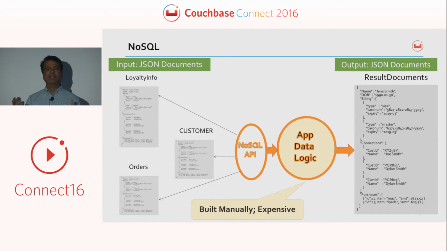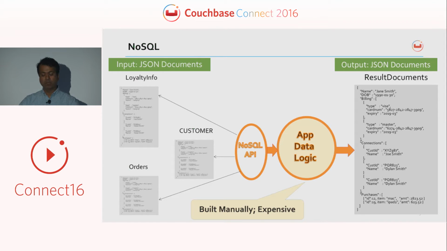Before you had a declarative query language, you had APIs to access individual documents based on the keys, and you fetched all the documents, wrote a program to manipulate them in your application, and produced the resultant document. This was the world for the first few years of NoSQL systems.